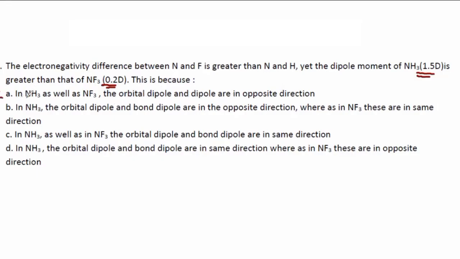In NH3, orbital dipole moment is along the direction of bond dipole. In NF3, orbital dipole moment is along the opposite direction of bond dipole. And that is the answer. In NH3 as well as NF3, orbital dipole in same direction. That's wrong. In NH3, the orbital dipole and bond dipole are in same direction, whereas in NF3, both are in opposite direction. Perfect. Okay, that's a direct question. We already discussed that.